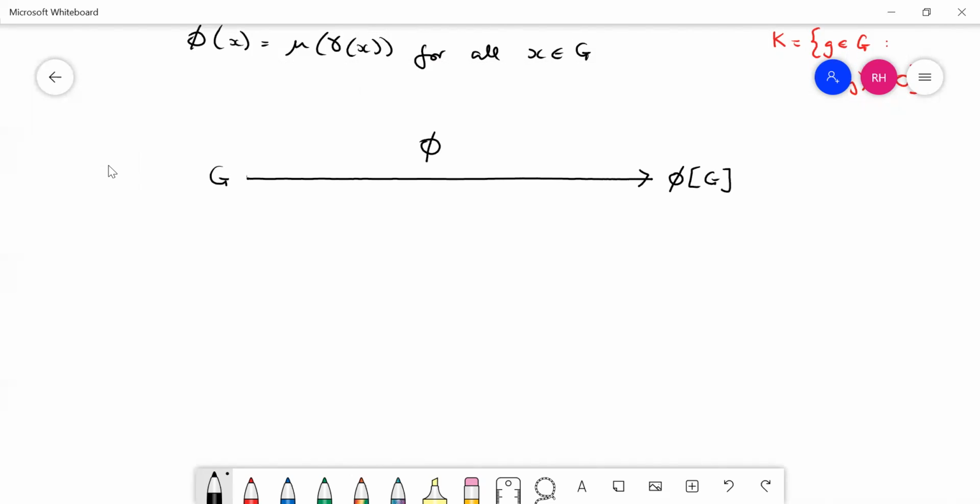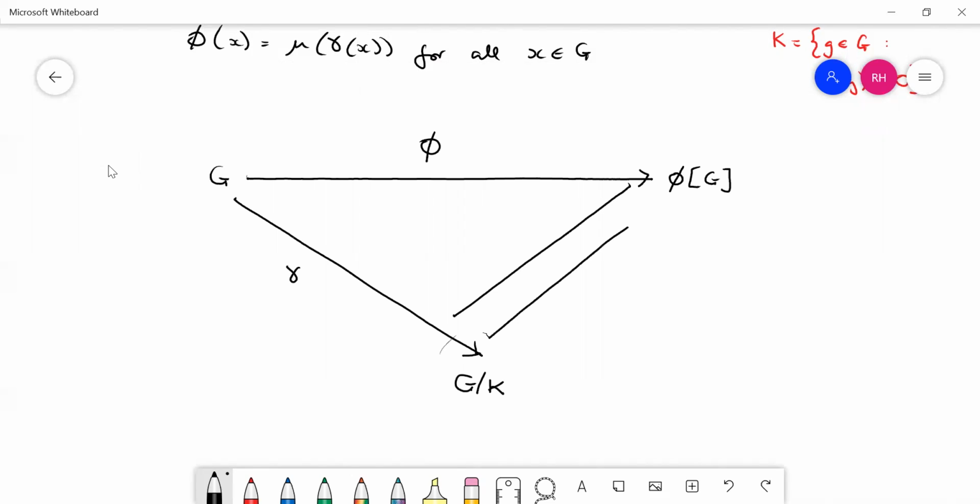Now we want to go down to G quotiented out by K, and this will be gamma, with the arrow going that way. Then we've got the isomorphism to put in, so let's go from there to there. That's better.